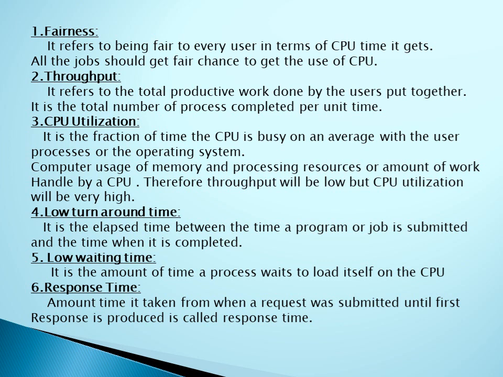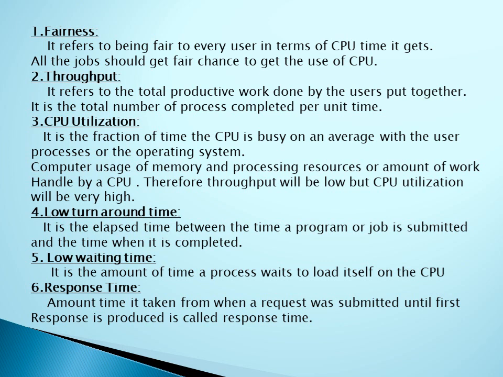So there will be variation, and it is called CPU utilization. Some processes can take more utilization of the CPU, and some processes can take a little utilization of the CPU. So throughput will be low, but utilization of the CPU will be high.